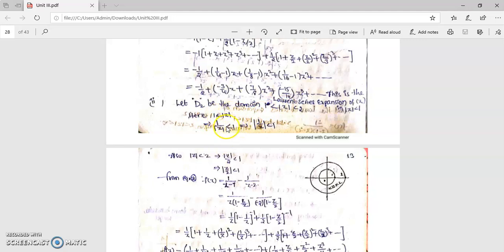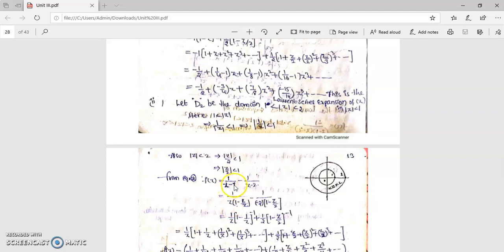And mod z less than 2 means z by 2 is less than 1. Our f(z) is 1/(z-1) - 1/(z-2). Therefore we should write it as 1/z type. Take z common.